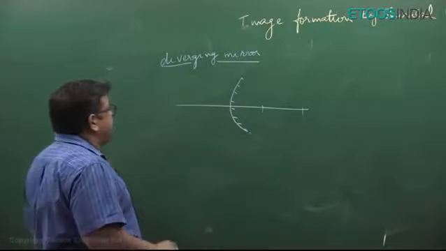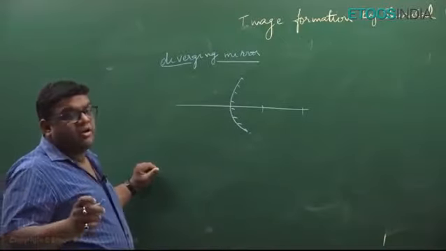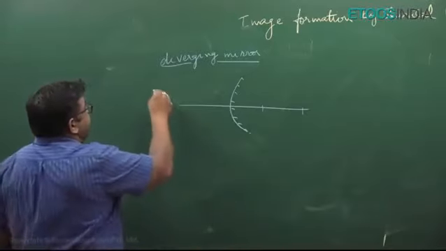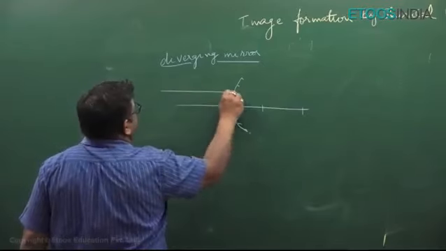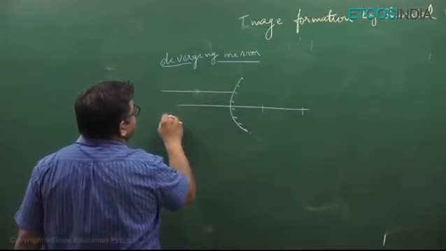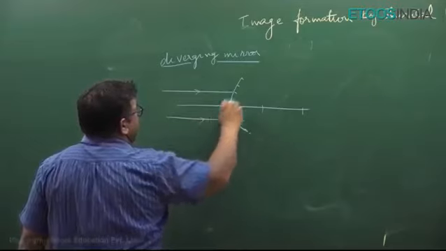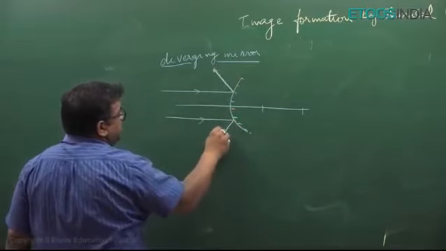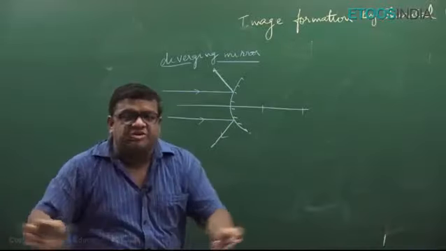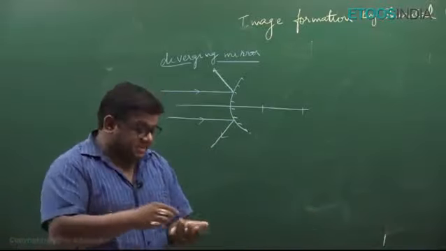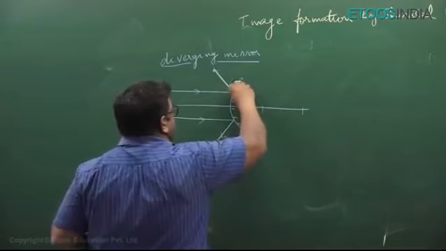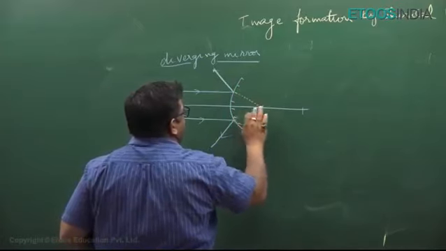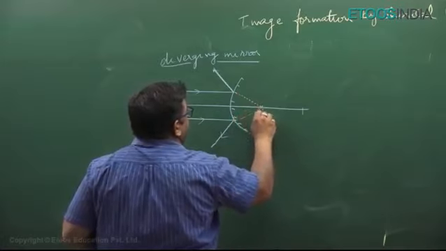Like if I want to take the image of an object which is placed at infinity, then the rays will be coming parallel to principal axis and they will reflect back in this way, giving it a diverging view, or they are divergent. Why? Because they appear as if coming from focus.